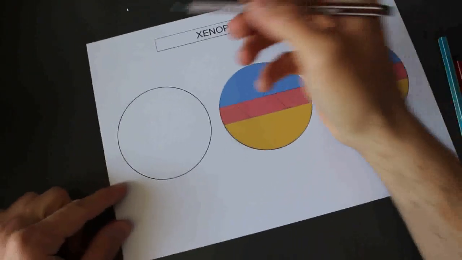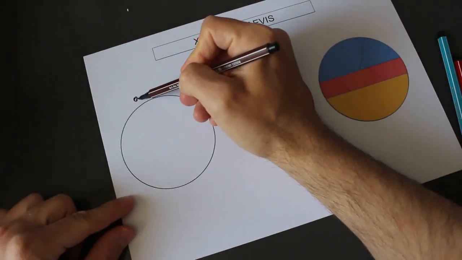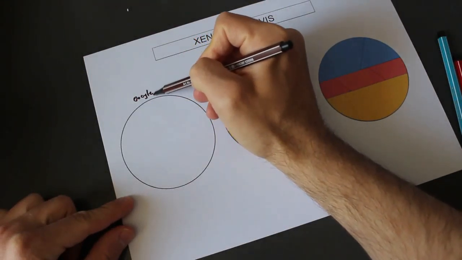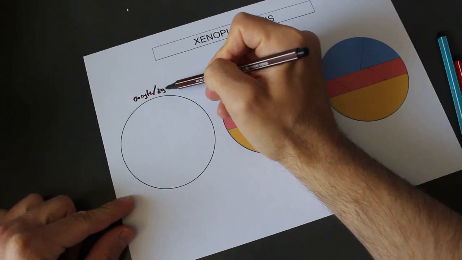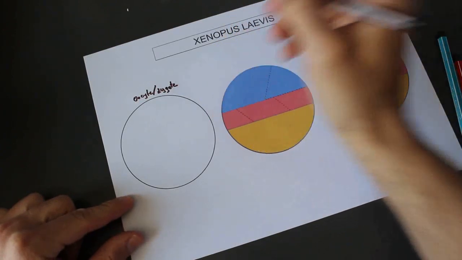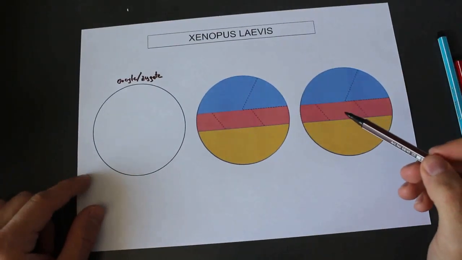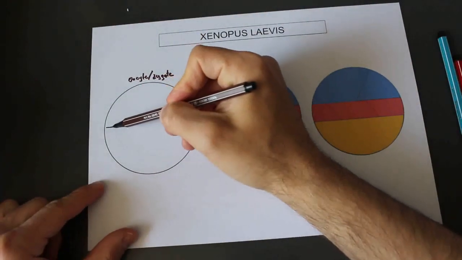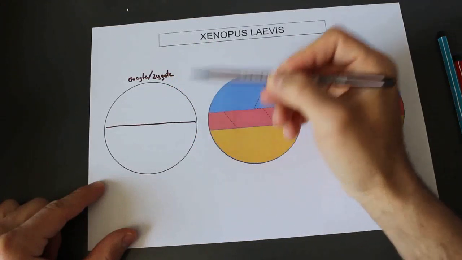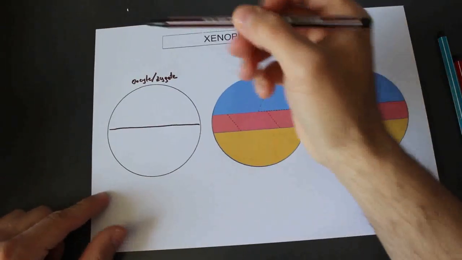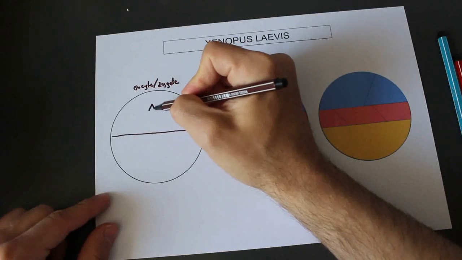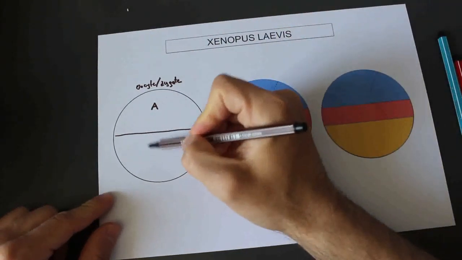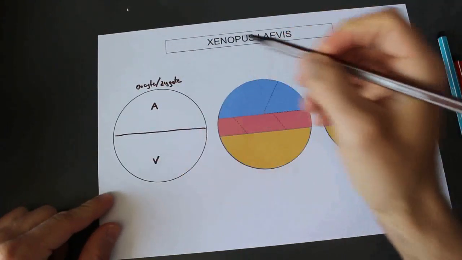Alright, so let's start. I'm just naming that here the oocyte, or the zygote later on. And the important thing here is to know that we have two hemispheres, in which this hemisphere is called the animal pole and this hemisphere is called the vegetal pole.